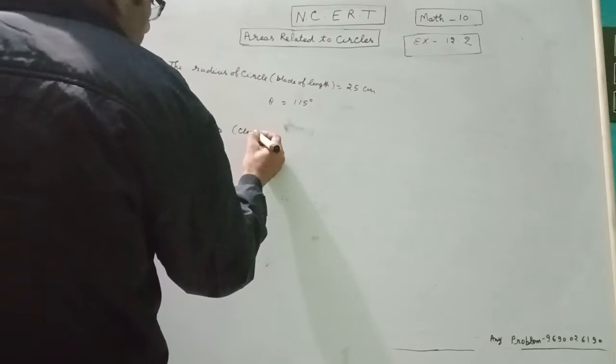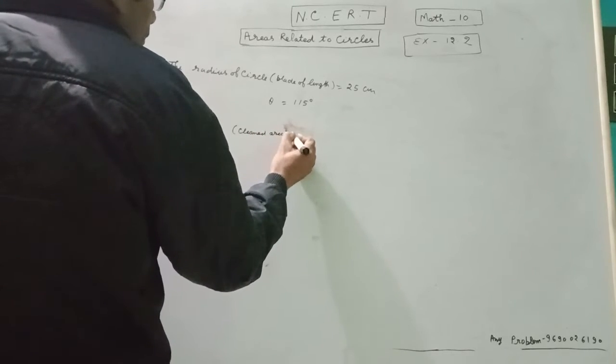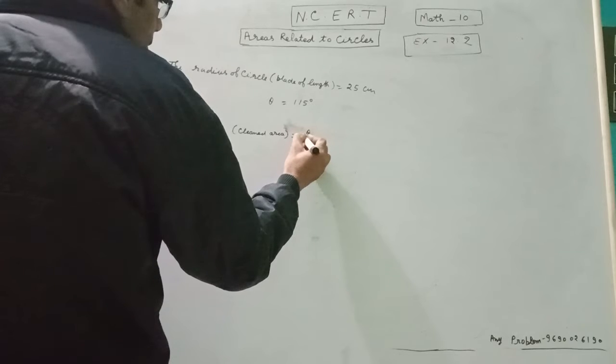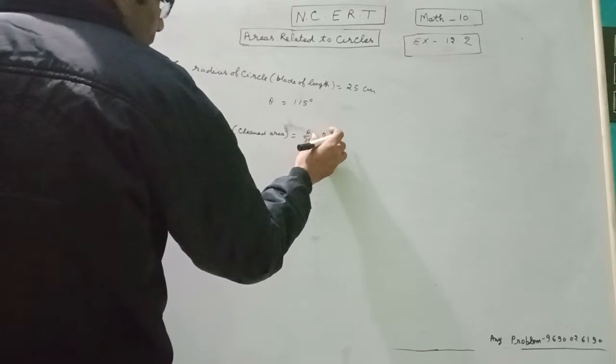Area is equal to theta upon 360 pi r square.